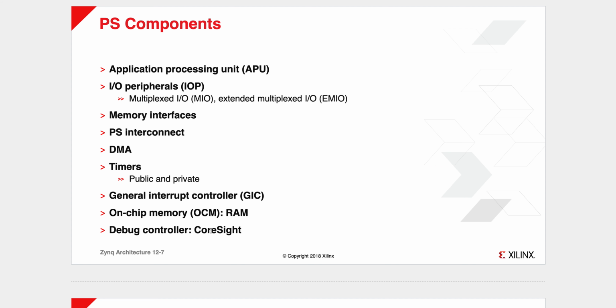The Zynq 7000 system on chip family consists of processing system and programmable logic. The processing system is the ARM Cortex A9 and the programmable logic is the FPGA, which means field programmable gate array.